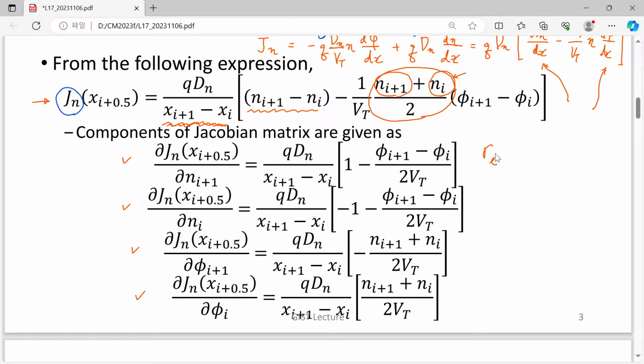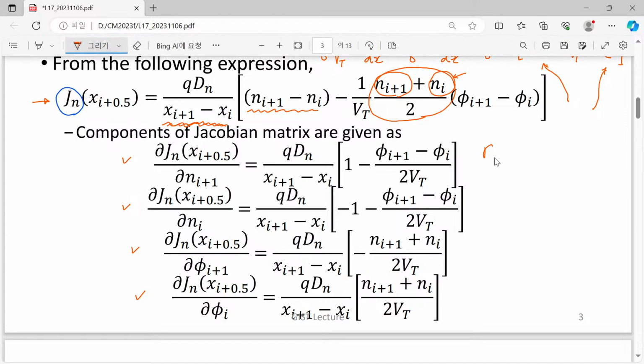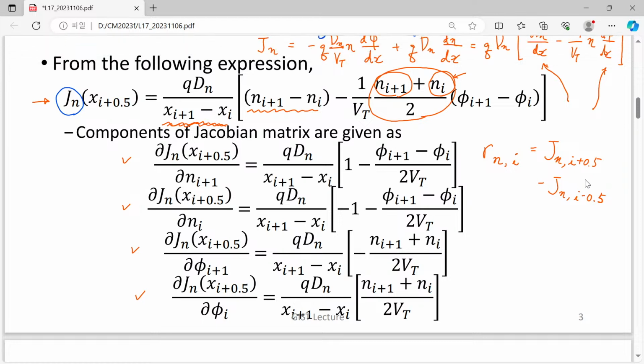For example, the residue of the electron continuity evaluated at node i can be represented as Jn evaluated at i plus half minus the flux or current density evaluated at i minus half.